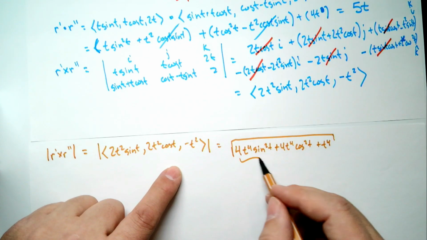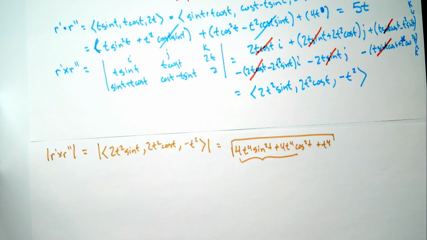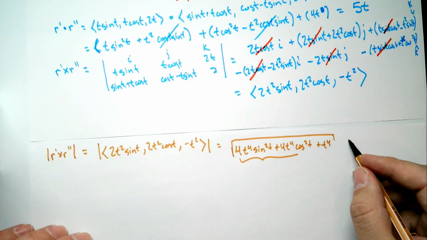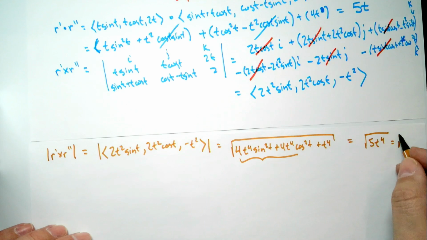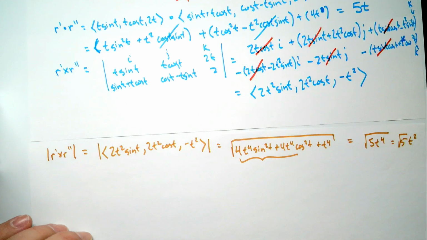Well, what do the first two terms combine to? 4t to the fourth plus another t to the fourth makes 5t to the fourth, giving us square root of 5t squared.